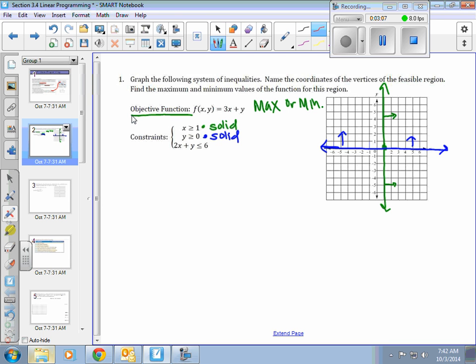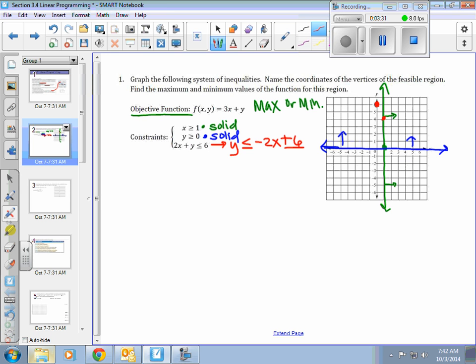And lastly, I want to graph 2x plus y is less than or equal to 6. I'm going to solve this one for y as the main variable, so I subtract 2x. y is less than or equal to negative 2x plus 6. I'm going to do it in red. I start with my y-intercept of 6, and my slope is negative 2, so negative 2 over 1.